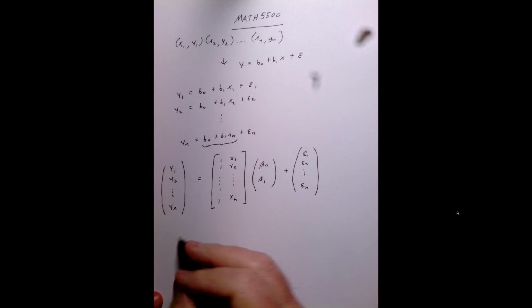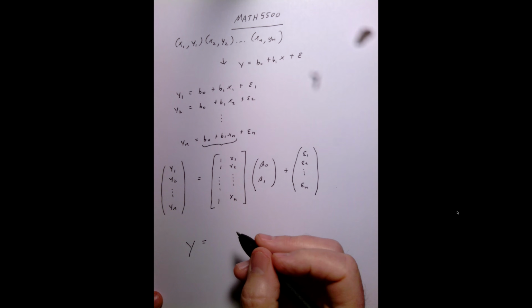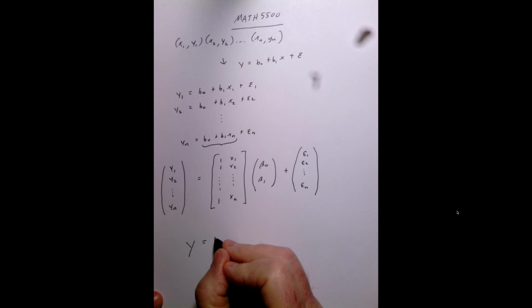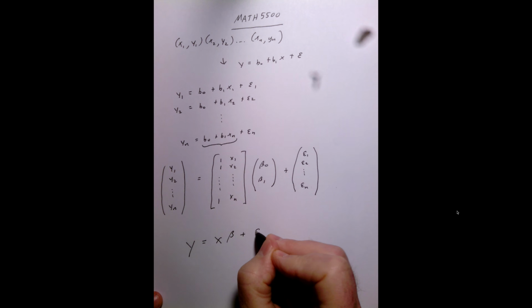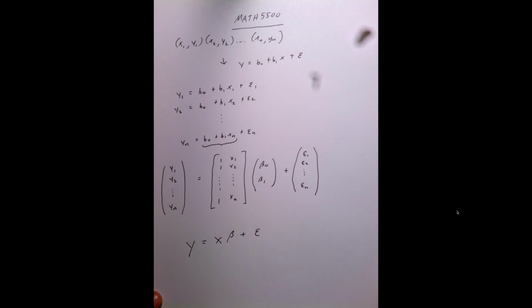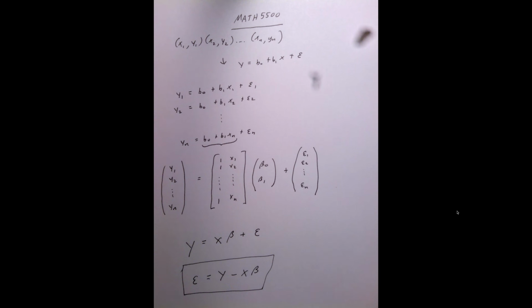So what do we have? We have the y column vector, equal to what we call our design matrix times our coefficient matrix plus our error matrix. Very, very simple algebra. We can see that the errors are equal to the y matrix minus x times the beta matrix.